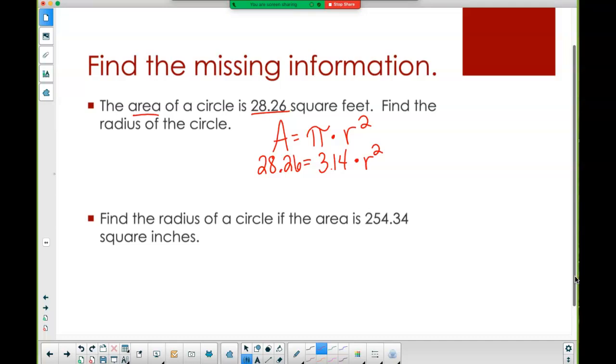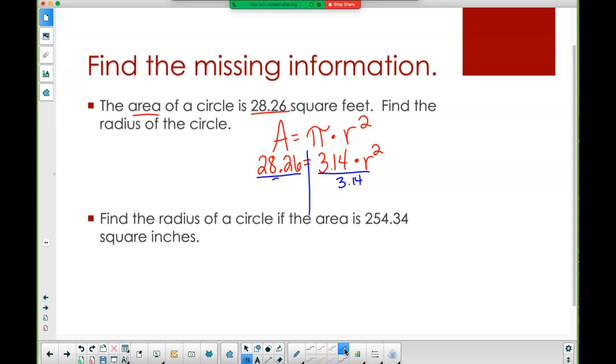Okay. Wait, let's divide first. Okay? We're going to get rid of the 3.14. So we get r squared equals 28.26 divided by 3.14. I got 9. Is 9 the radius?